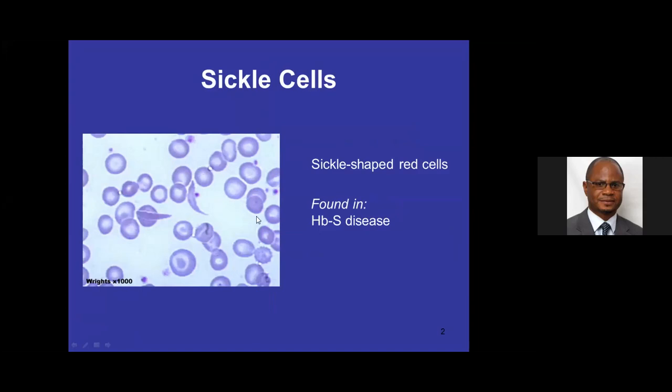So you can get a film like that, and then the arrow goes and you're asked to indicate the type of cell that the arrow is hitting, and maybe you have options. In here, you can see quite a number of different cells. Here you see something like an echinocyte. This is like a target cell or so.